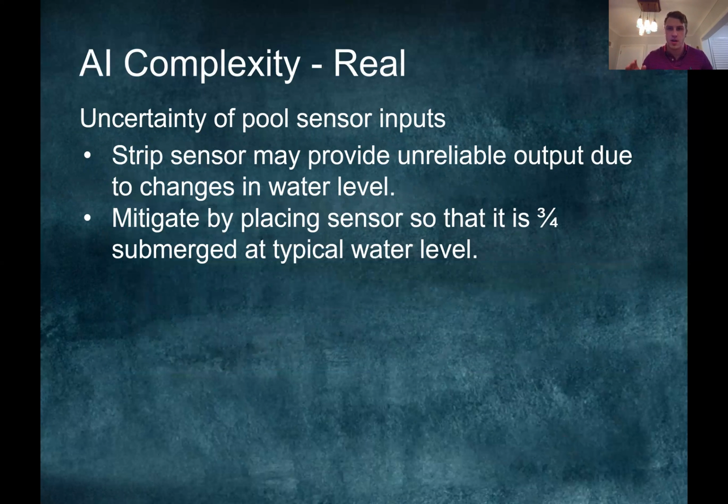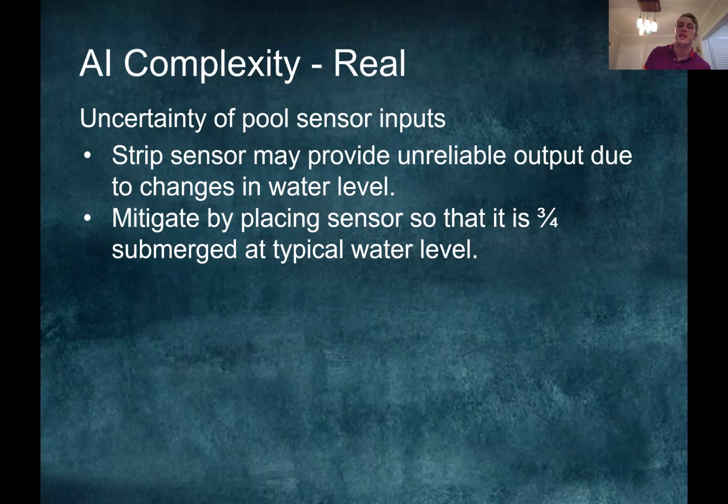Now, regarding our AI complexity, there are several types. All 4 types are included. The real complexity involves the uncertainty of our pool sensor inputs. The strip sensor provides continuous output, but it can be unreliable in the event that evaporation occurs and the pool level becomes too low compared to where that static strip sensor exists, and it may limit and give us unreliable output.